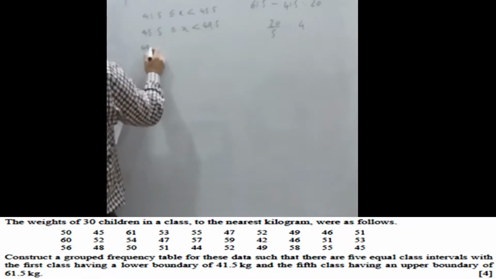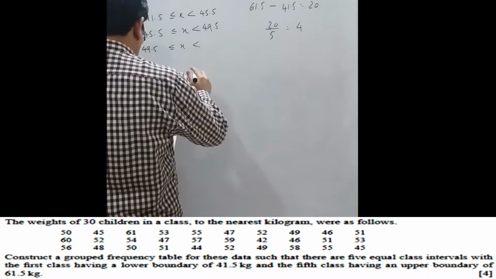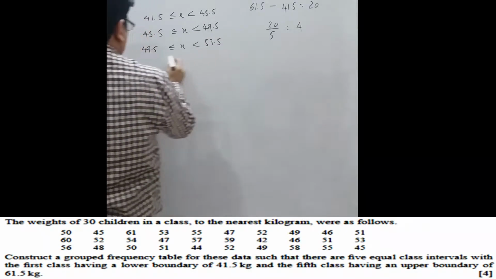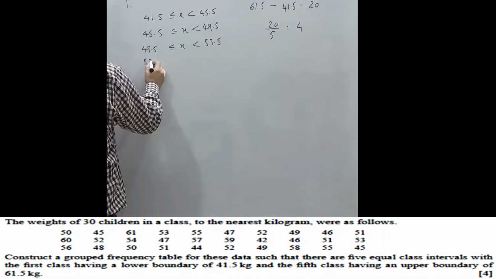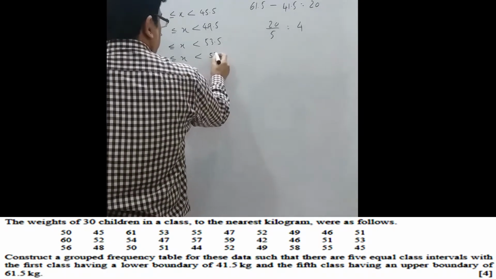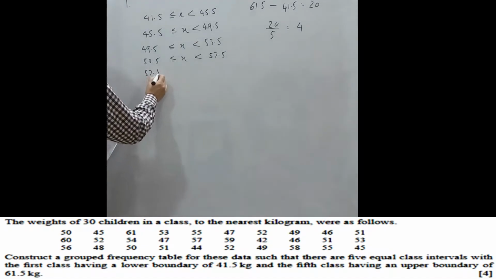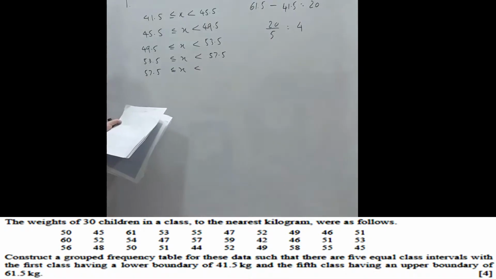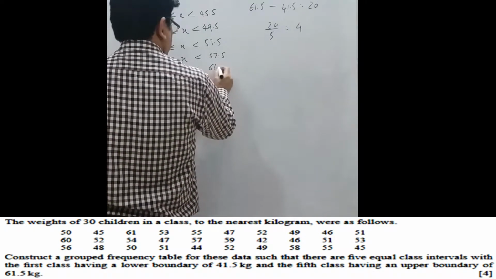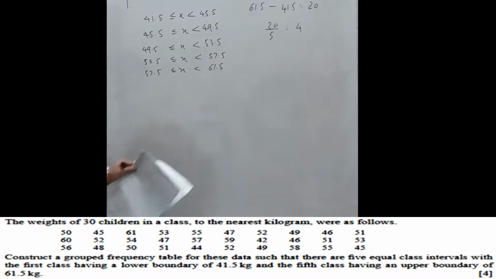Next you will start from 49.5 less or equal to x less than 53.5. Then 53.5 less or equal to x less than 57.5. Go on adding 4. Then we have 57.5 less or equal to x less than 61.5. According to the question, this is the lower boundary of the first class and this is the upper boundary of the last class.